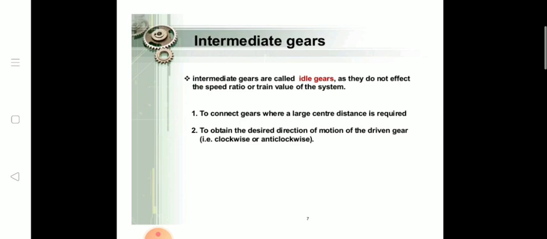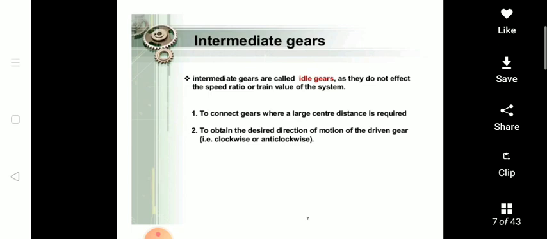If you have four gears in the simple gear train, then you take n1 of the driver gear and the last rotational speed n4. Then the ratio of n4 to n1 is called the speed ratio, and n1 upon n4 is taken as the train value.